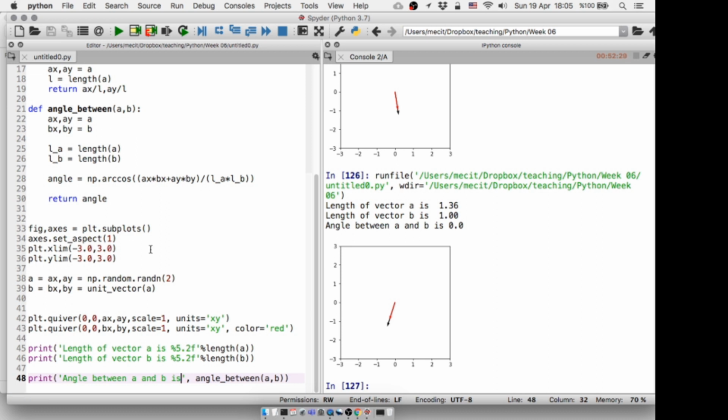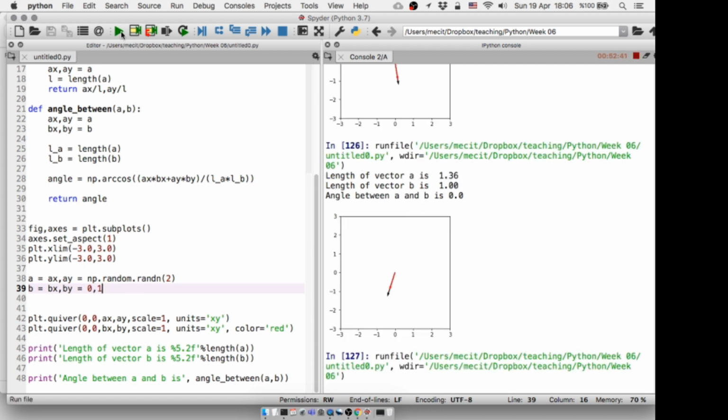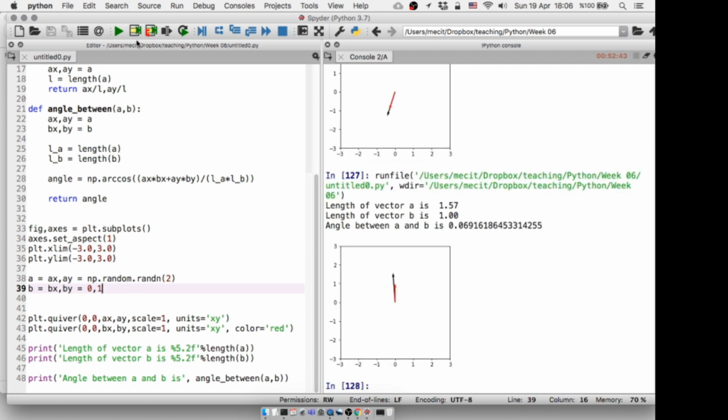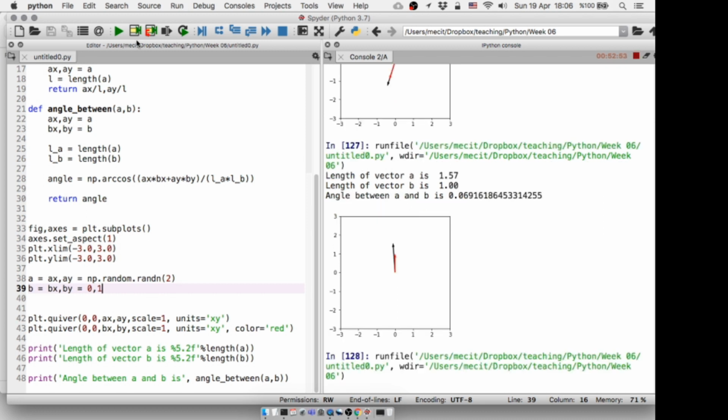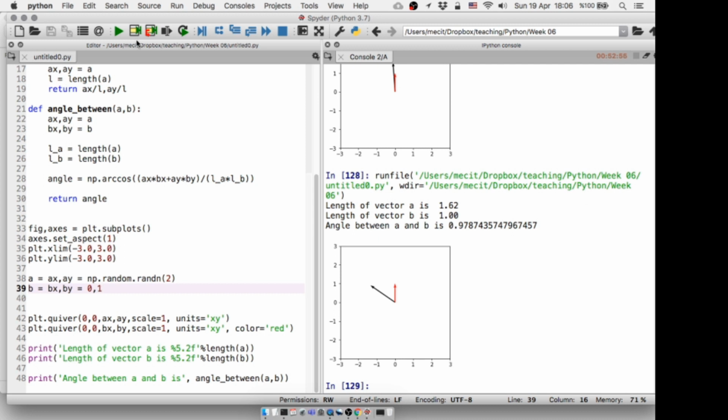Okay. Now let's set B as a different vector. Yes, now the vectors are not exactly pointing in the same direction and the angle in radians is 0.06. Let me run it again. Okay, 0.9, this is a larger angle, and this is even a larger angle.